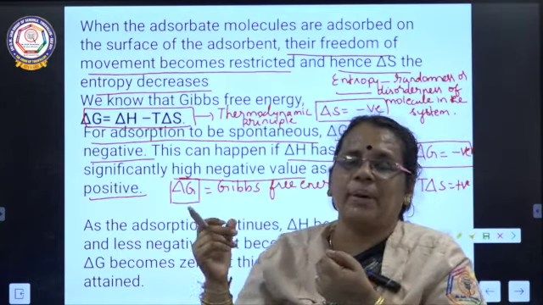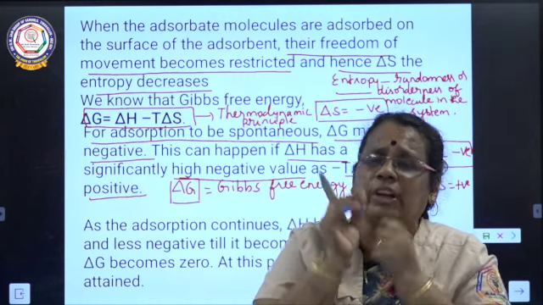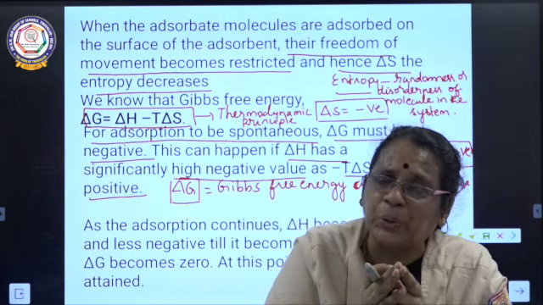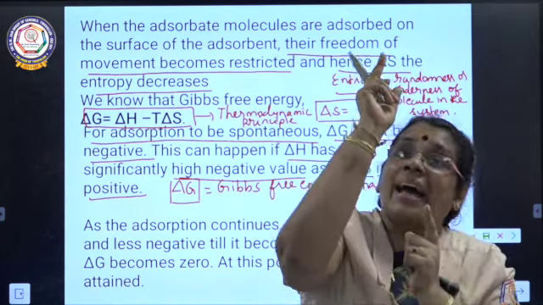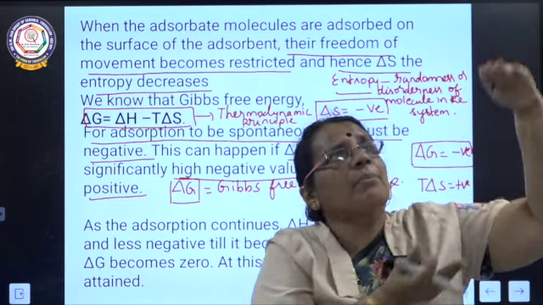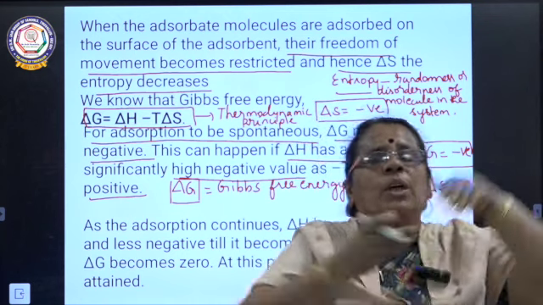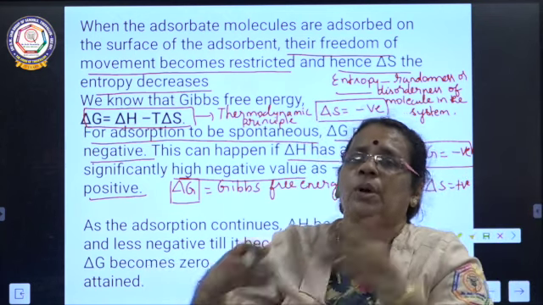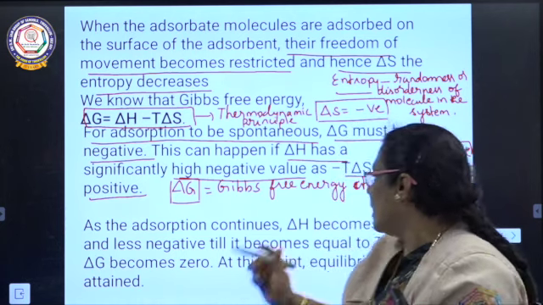So delta G will be negative here. When delta H is a higher negative value and T delta S is positive, from a large negative value, when you subtract the positive value, you will get delta G negative.